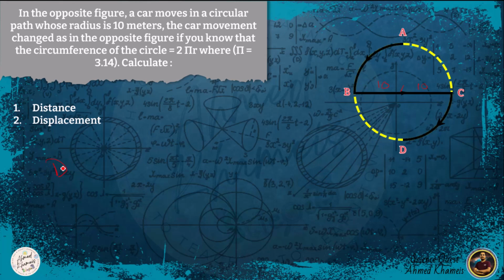The distance is the whole path, so it will equal from A to B plus from B to C plus from C to D. From A to B is a quarter of the circle, and from C to D is also a quarter of the circle. So the body moves half a circle plus the diameter.